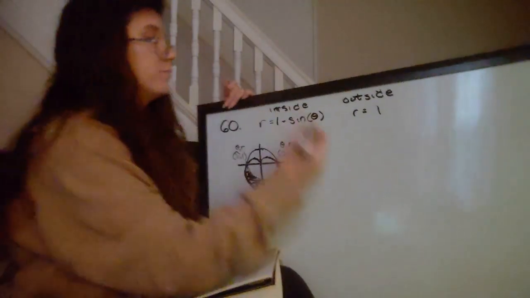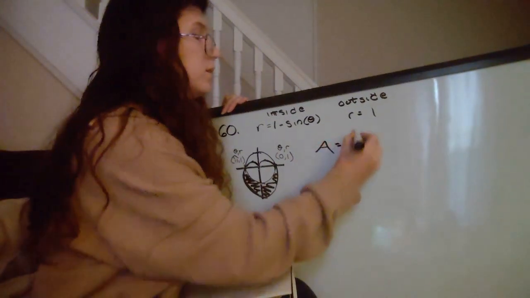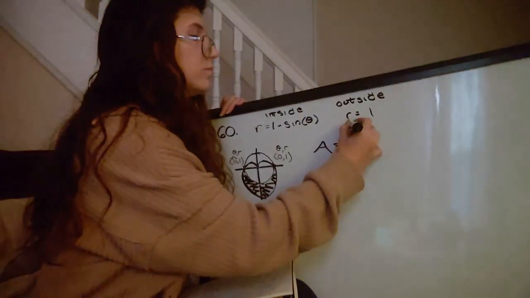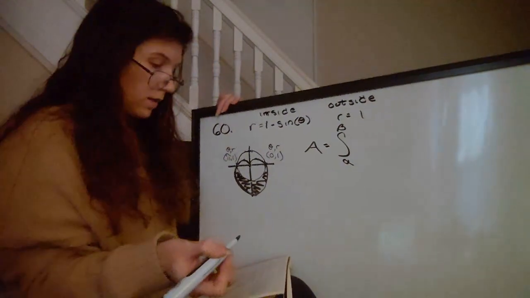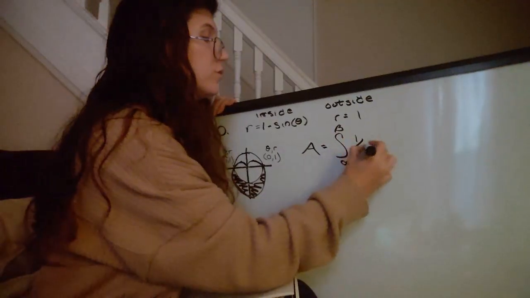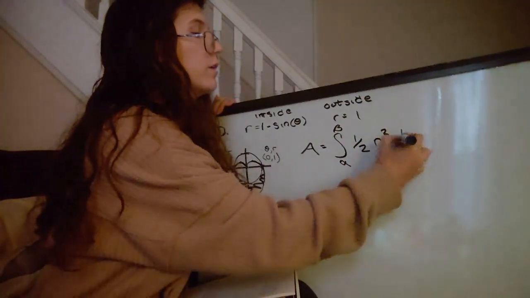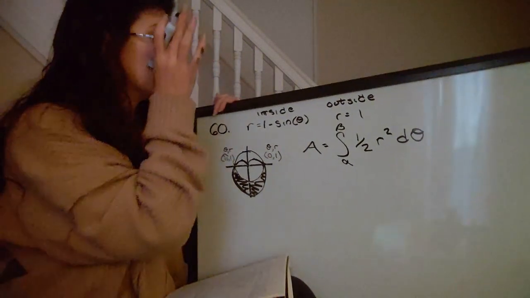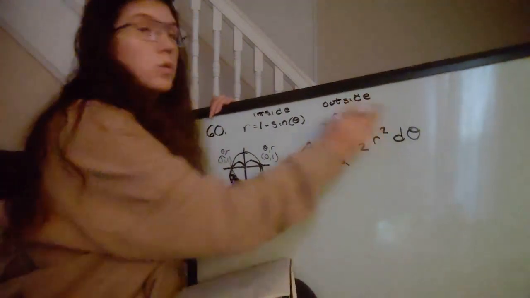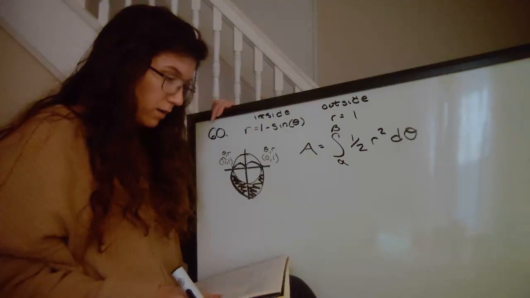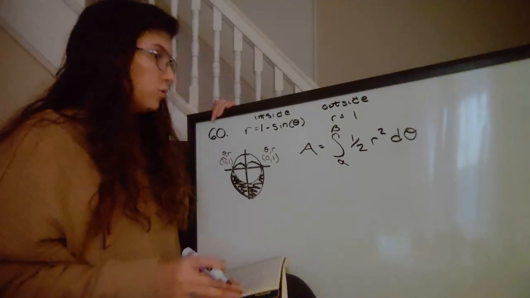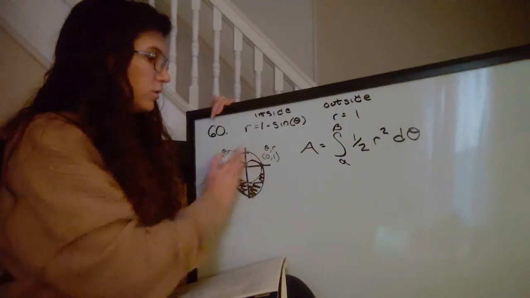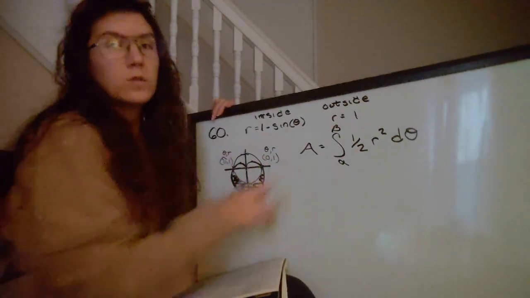Our area formula is going to be with our 2 bounds, and then the formula that we just used is 1/2 r squared d theta. So whatever our r ends up being is going to be squared. If we were just doing this circle, it would just be 1 squared.